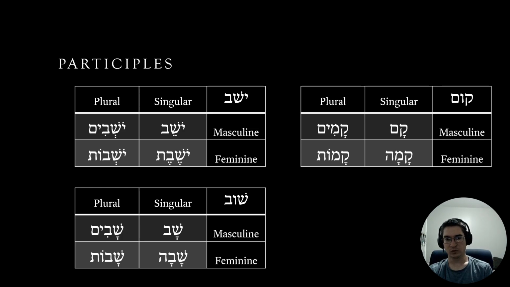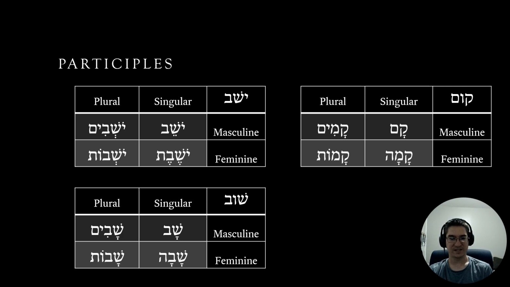In the case of kum, we have kam, masculine singular, kamim, masculine plural, kama, feminine singular, and kamot, feminine plural. For yashav, we have yoshev, yoshevim, yoshevet, and yoshevot.